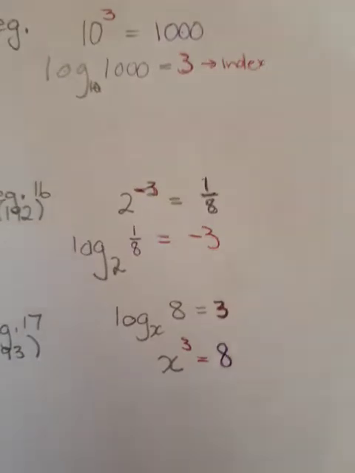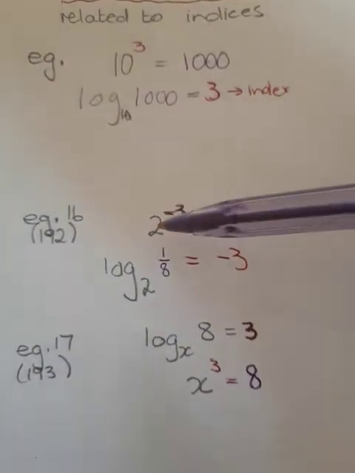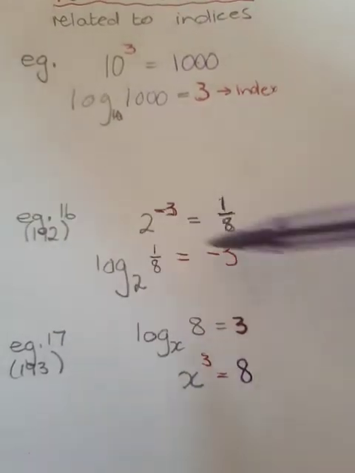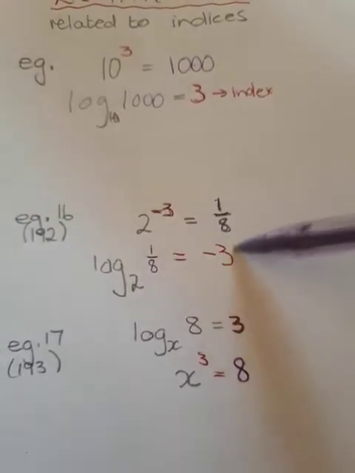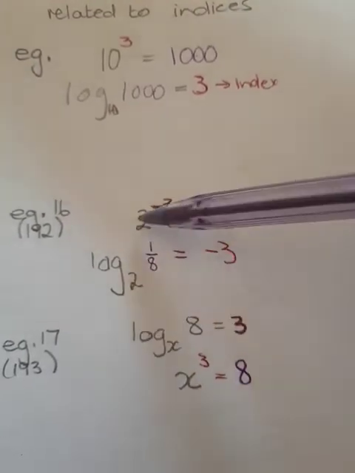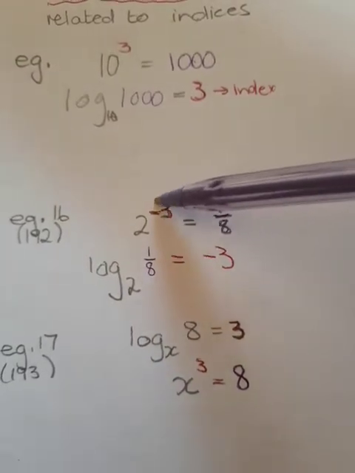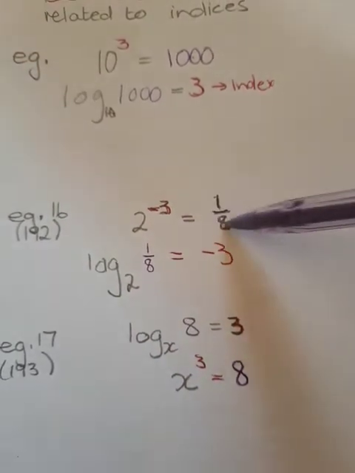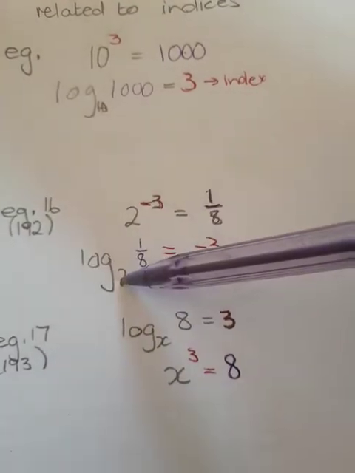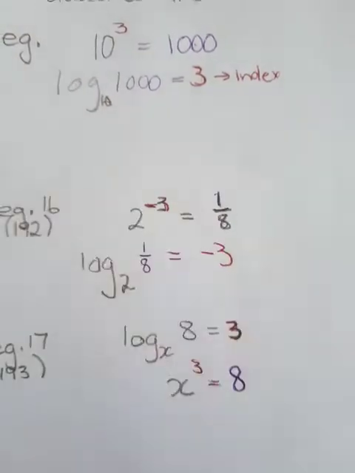Alright, so this is just getting a bit used to it, and I repeat, the answer to a log is the index. So if you have 2 to the power of -3, then this index basically is the log of 1/8, okay? And it has a base of 2, therefore it gives you -3.